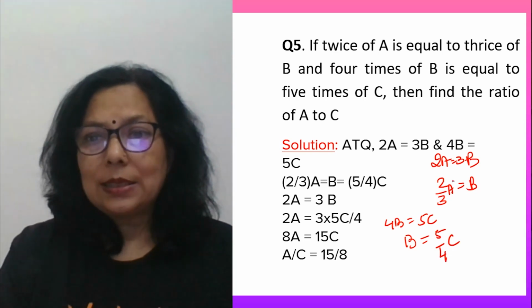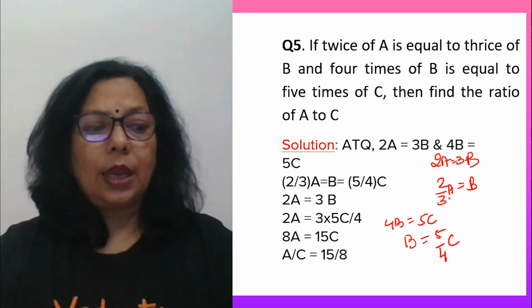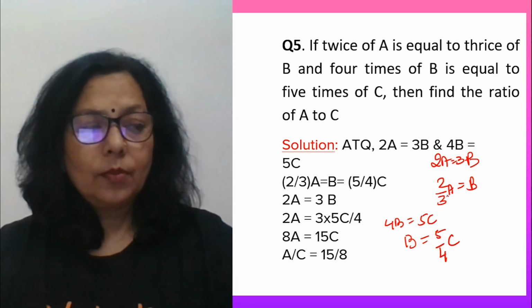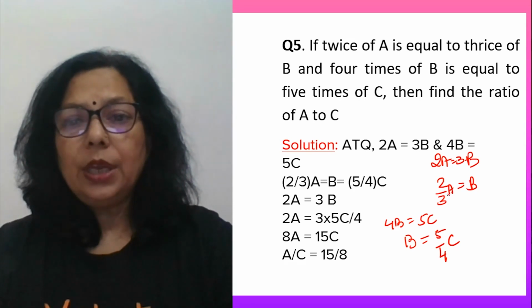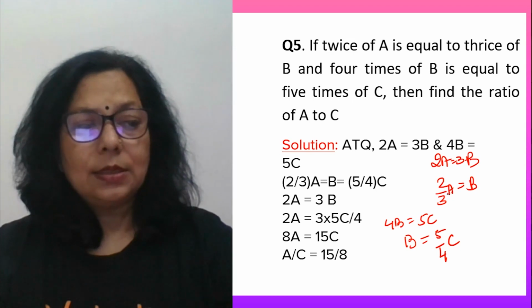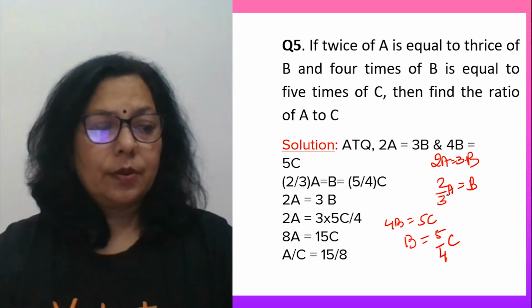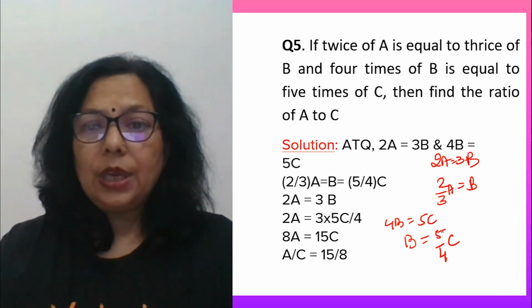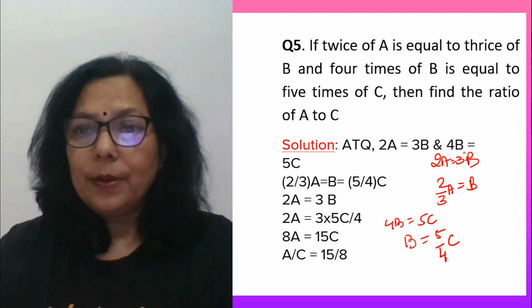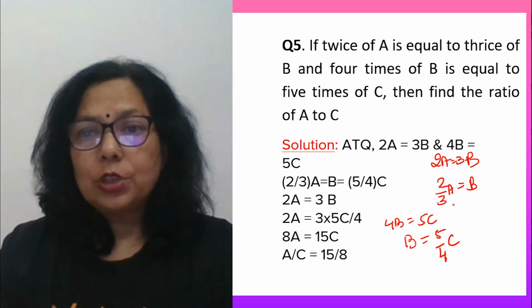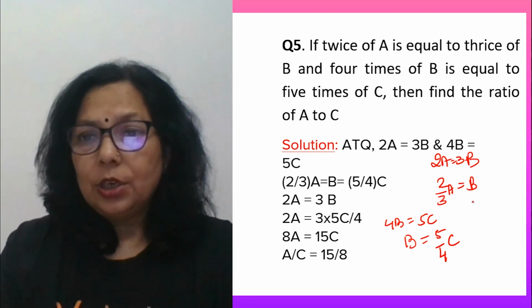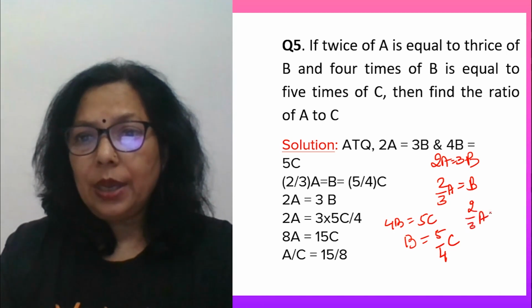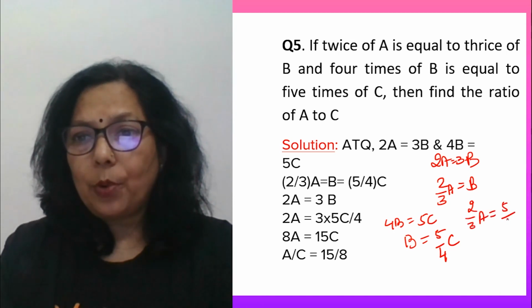So both are the same. 2 upon 3A is the same as this 5 upon 4C because both are the values of B. So we write 2 upon 3A is equal to 5 upon 4C.